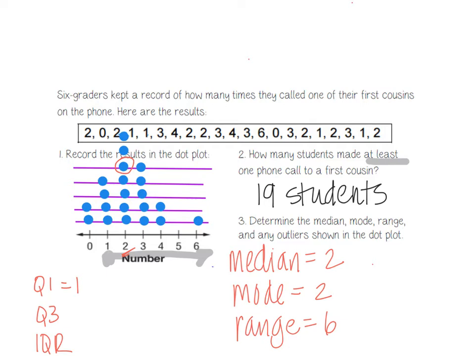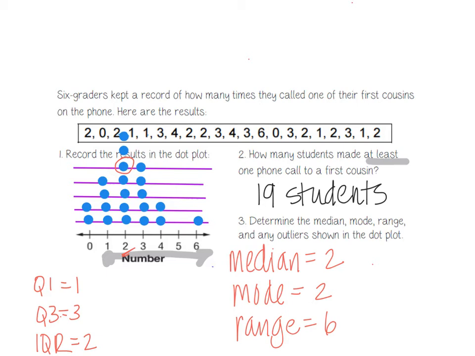So my Q3, I need to go to the fifth one and see what's going on. 1, 2, 3, 4, 5. So my Q3 here is 3. That's a coincidence. And so the interquartile range is 2.